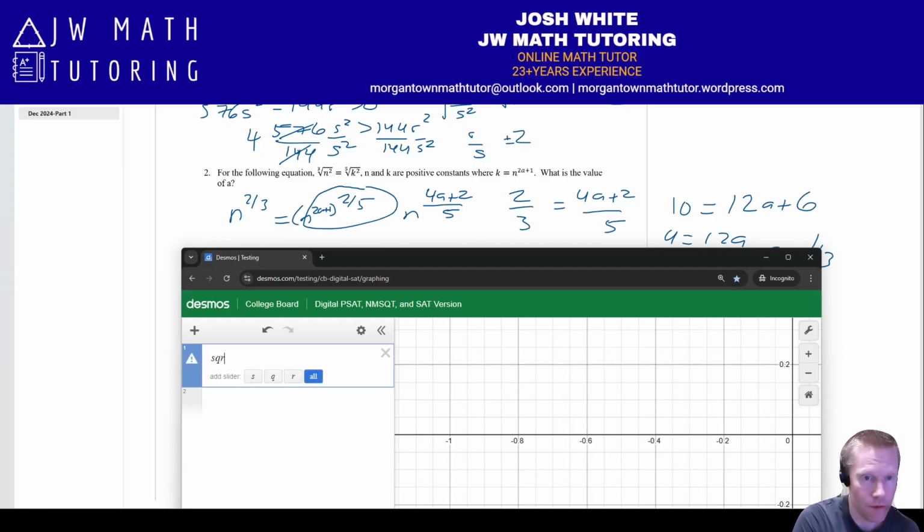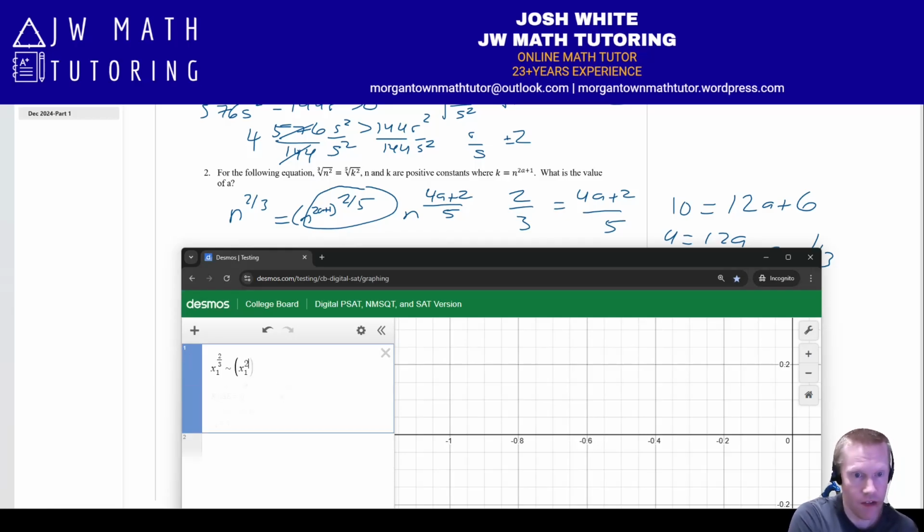Actually, I'm just going to do it in rational exponent form because it'll be so much quicker than having to go to the function menu and looking up the cube root and the fifth root and type those all in. So I'm just going to take the left side. I'm going to put x instead of n. And on the right side, I'm going to replace k. That's what it's equal to. Again, I'm using x instead of n.